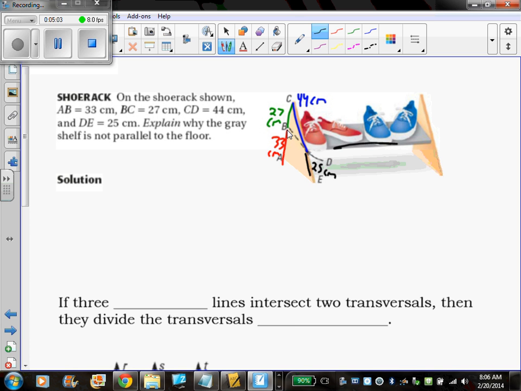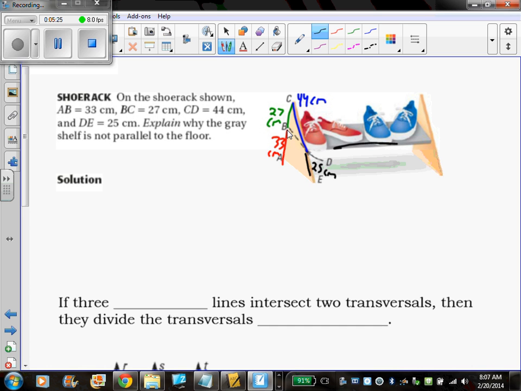Because we could use the converse of the proportionality theorem. All we need to do is see whether these parts are proportional, and based on the results that we get, we'll be able to determine whether or not this line segment cutting through is parallel to the other one. So we just need to set up a few proportions.